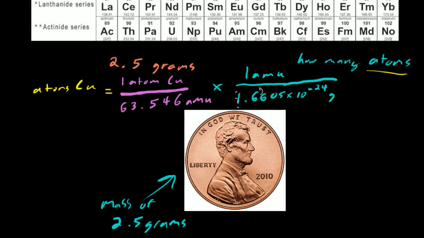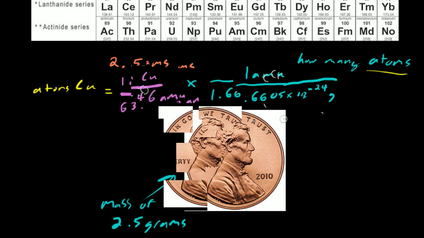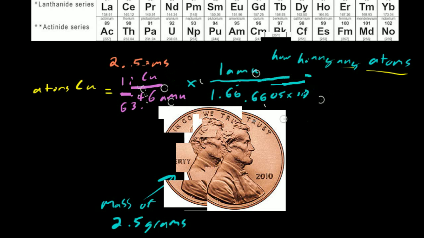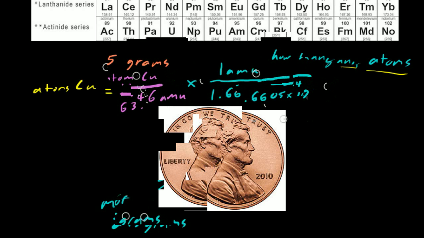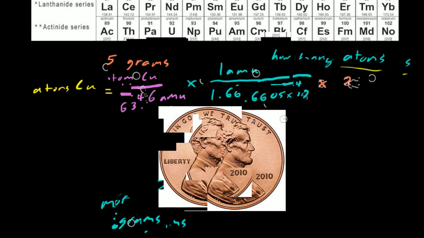You're generally not going to be using this figure a whole lot, but here we are going to be using it. And then the very last thing, what's the very last thing we have to put into our conversion factor? Now we've got AMU cancel with AMU. We just have to put in essentially the information that we're given, that the mass of a penny is going to be 2.5 grams.